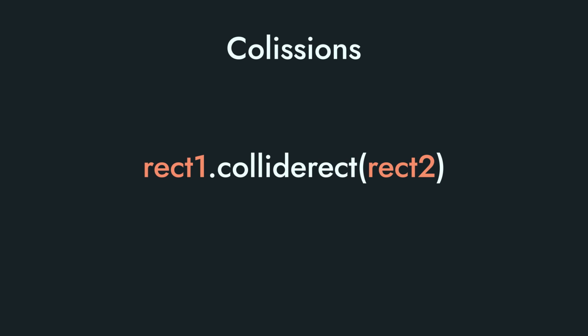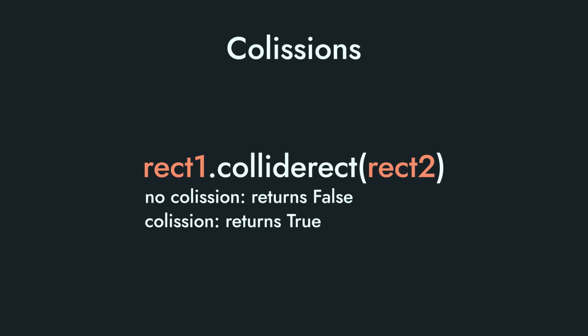But anyway, I also want the ball to collide with the 2 player rectangles. And the rects are great for that as well, because they have lots of methods to measure collisions. We only need the simplest one, where we just check if 2 rectangles are colliding. The method for that is called collideRect, and you call it on one rectangle and pass in the other rectangle. And if they collide, it returns true.